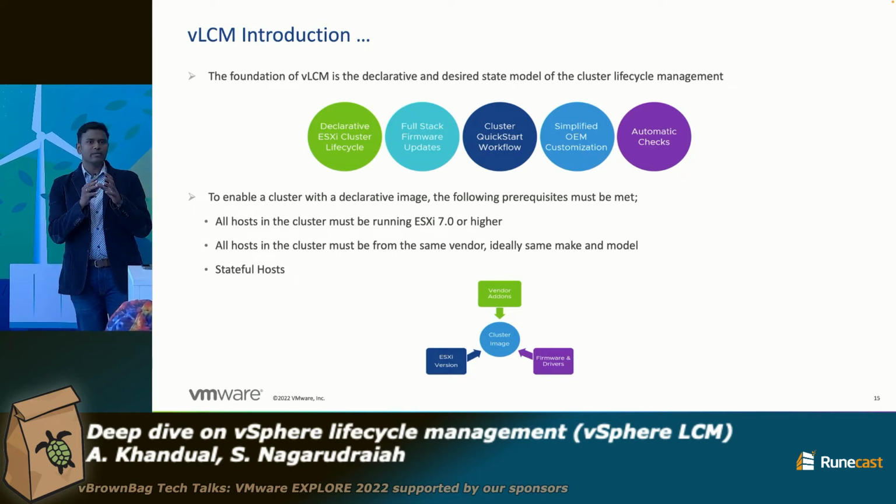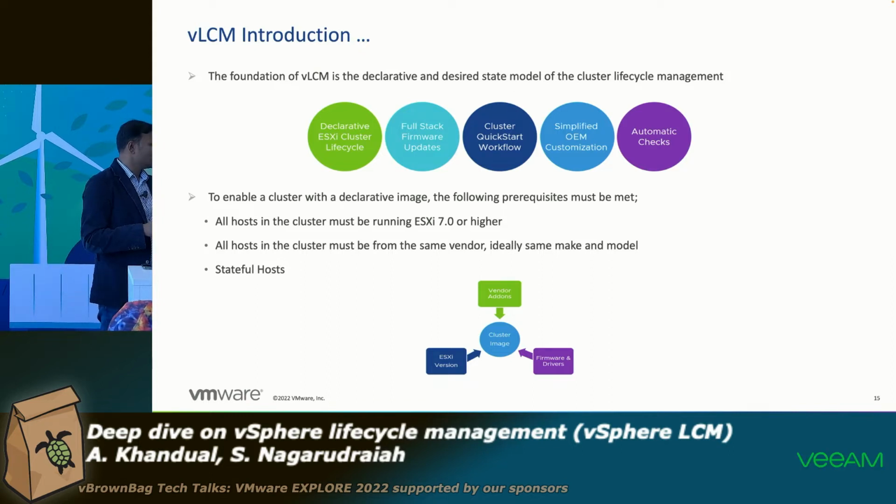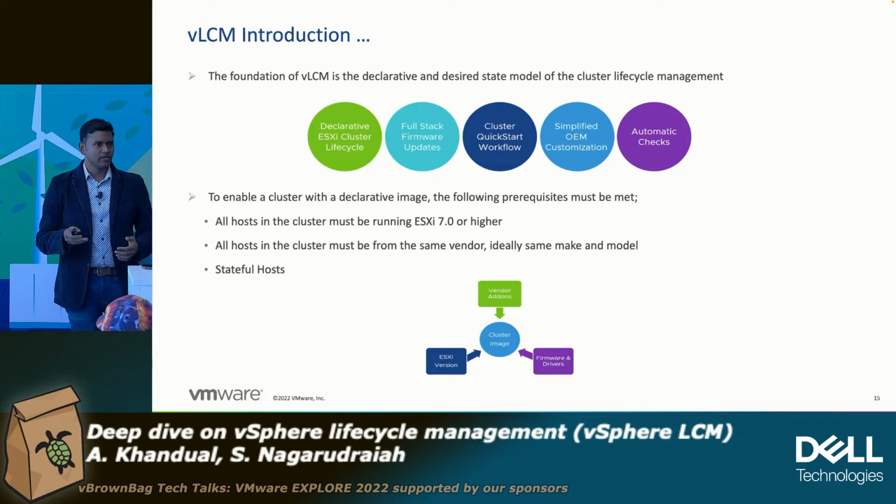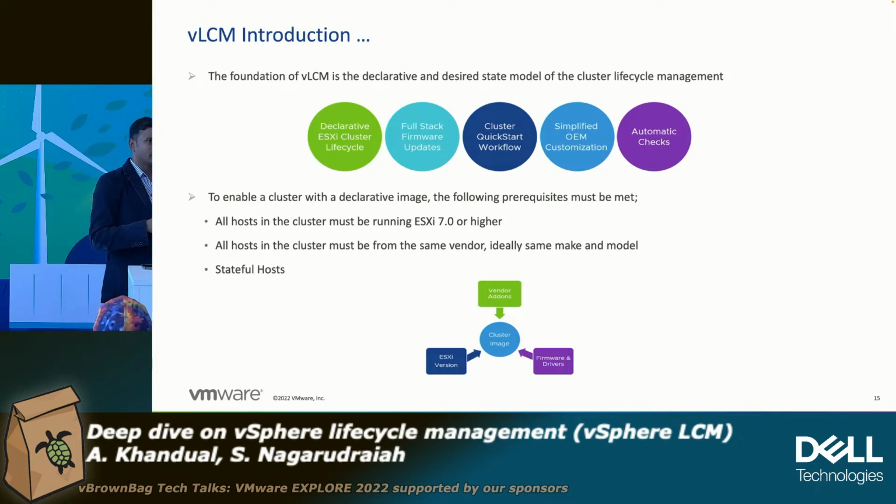That will create my declarative, desired state image. If I want to change my desired image, let's say I'm on vSphere 7 Update 1 and I want to go to Update 2, I should have that control. I can always change my desired image and say my cluster go to this image. It will show you the drift, and then you can go and apply it yourself.